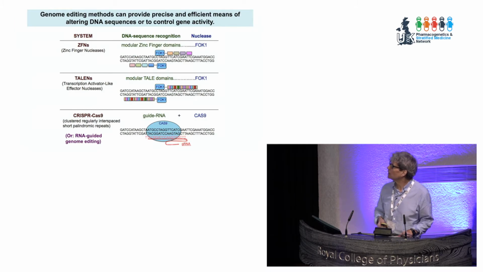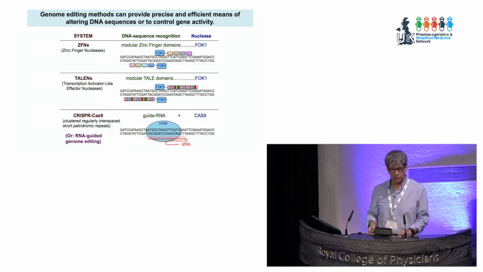So the three main methods that have all entered or are entering the clinic are based on zinc finger nucleases. I'm not going to spend any time on TALENs. These both rely on transcription factor-like domains to give you your target specificity.